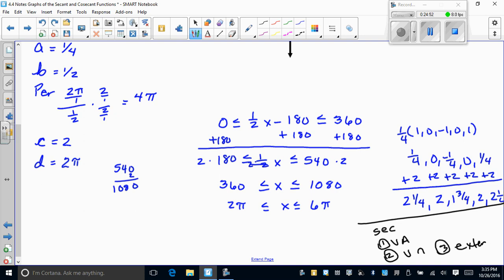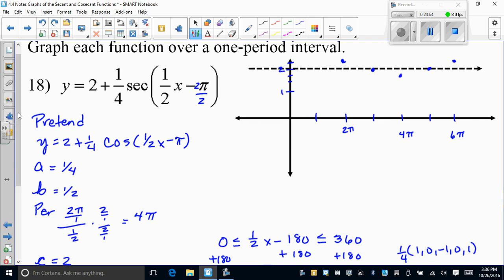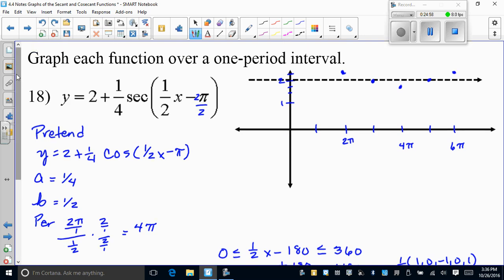So vertical asymptotes, here we go. Everywhere I see the 0. There's that one. Yes, I realize it's crooked. And then there's that one.